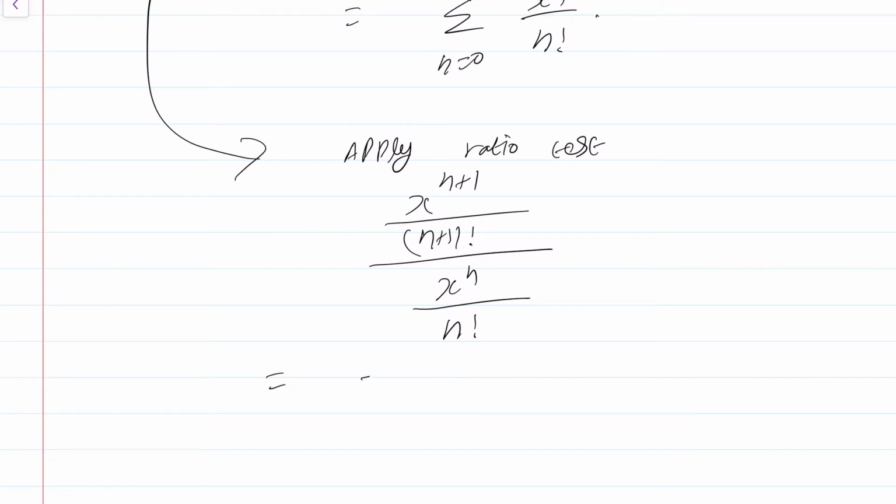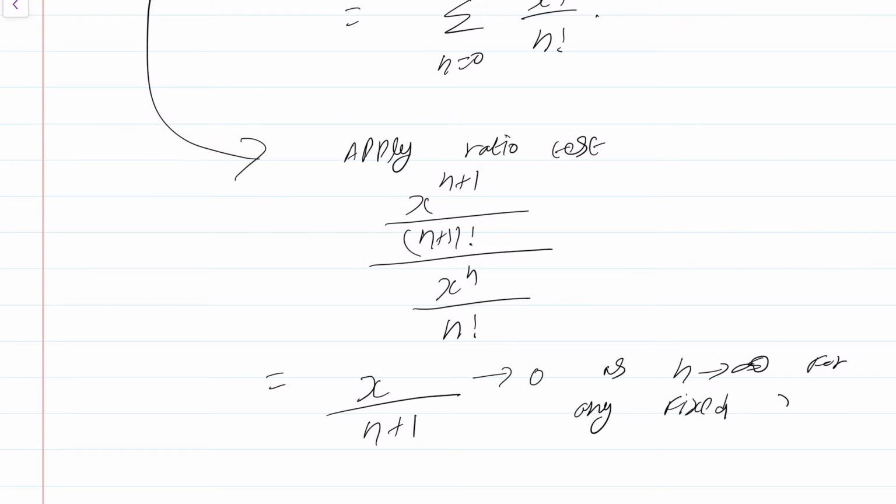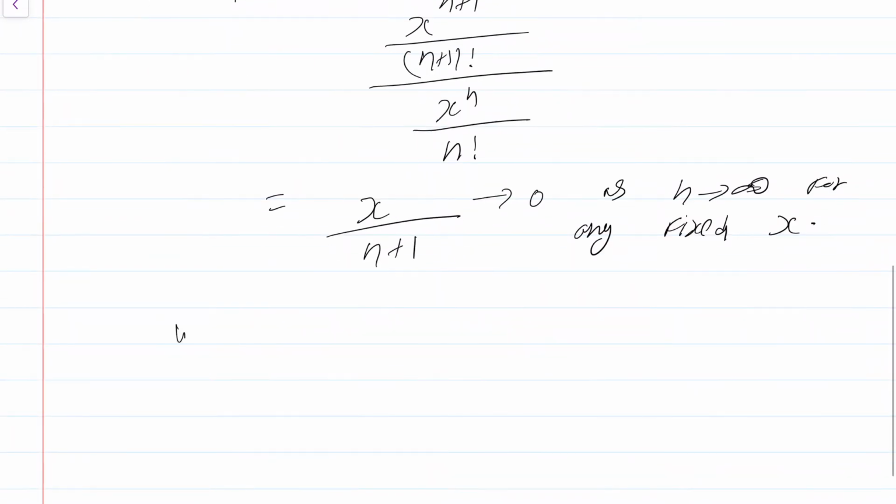You will get x divided by n plus 1, which of course converges to 0 as n approaches infinity for any fixed x. Therefore, for each x, the ratio test tells you that it is convergent. Therefore, the power series converges at every point of the real numbers. In other words, the radius of convergence of the power series is infinity. Okay, so we have shown existence.